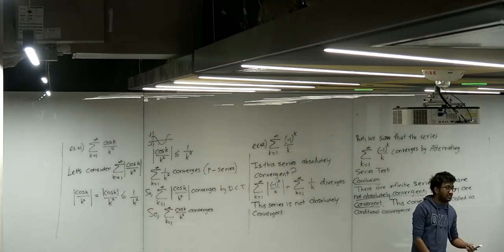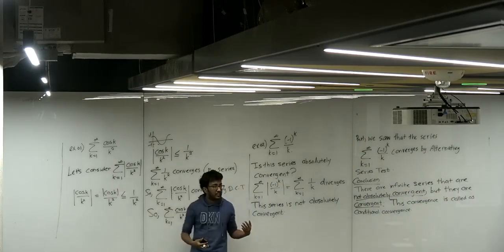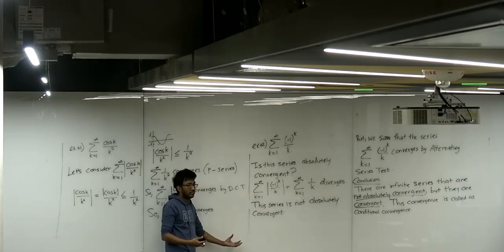So conditional convergence is, suppose you have an infinite series and it converges conditionally. That means it is not absolutely convergent, but it converges, right?